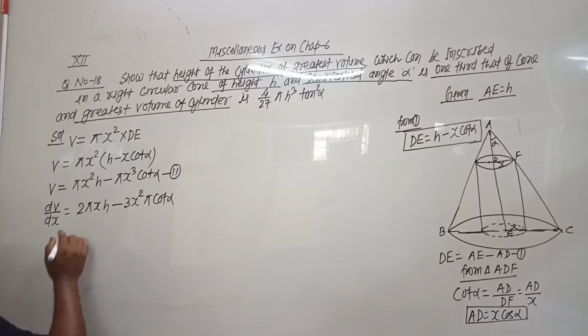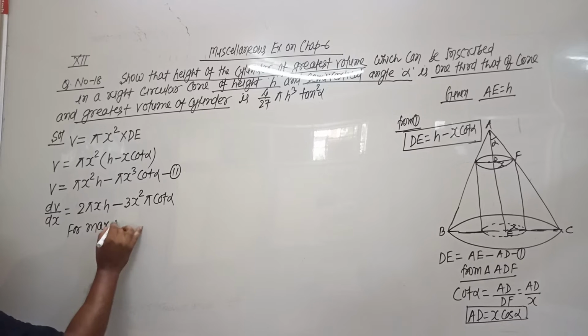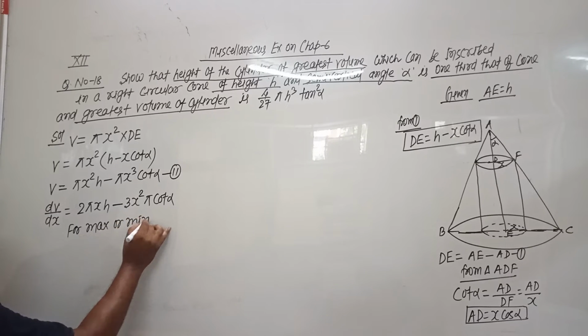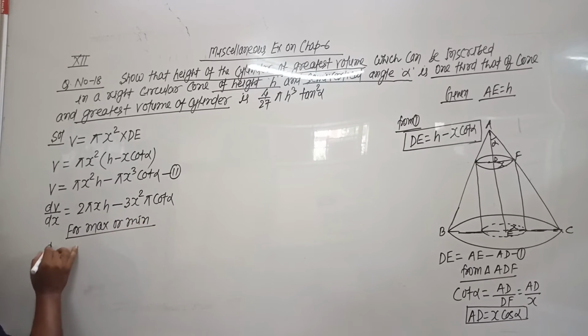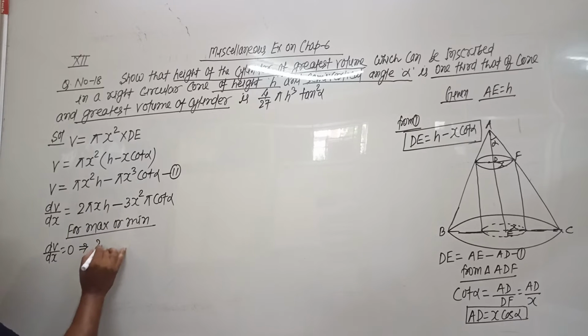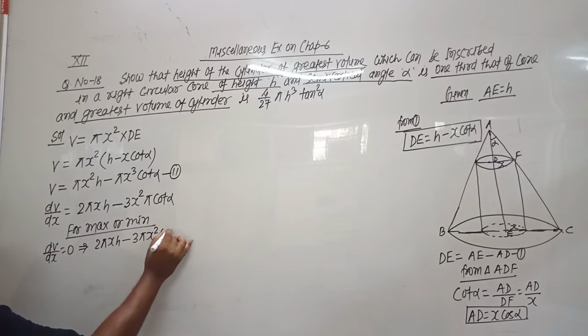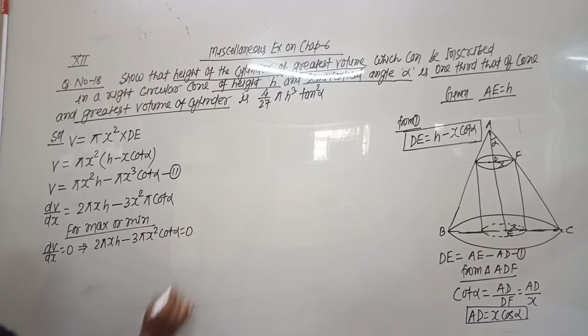Now for maximum or minimum, dV by dx equals 0. This implies 2 pi x h minus 3 pi x square cot alpha equals 0.